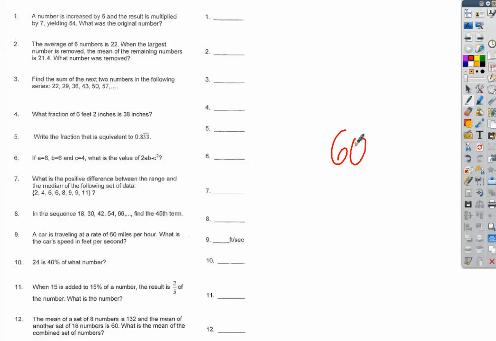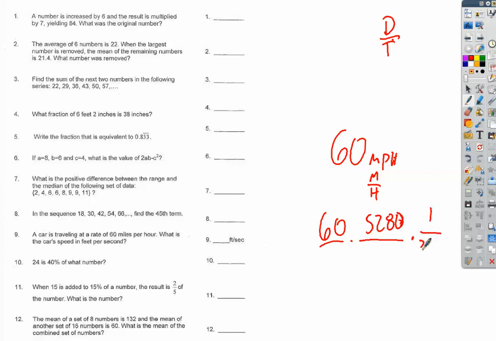So you'll notice that miles per hour, per meaning divide, miles over hours. So we know that distance is over time. So I have 5,280 feet in a mile, and I have 3,600 seconds in an hour.